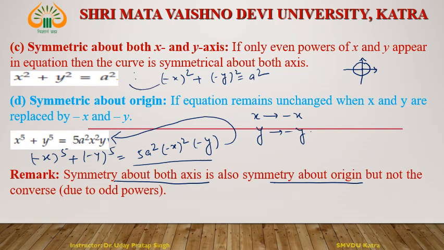This equation of the curve is the same as this. It means this curve x square plus y square equal to a square is symmetric about the origin also. But this curve is not symmetric about both axes.